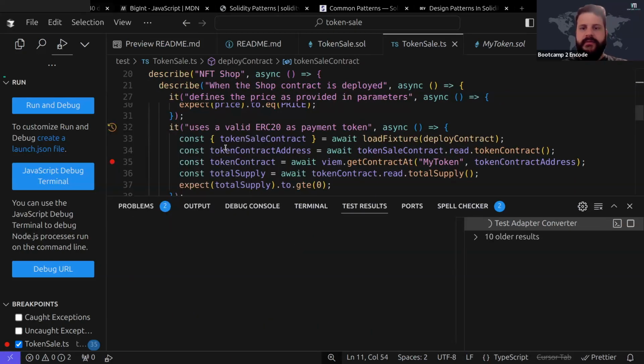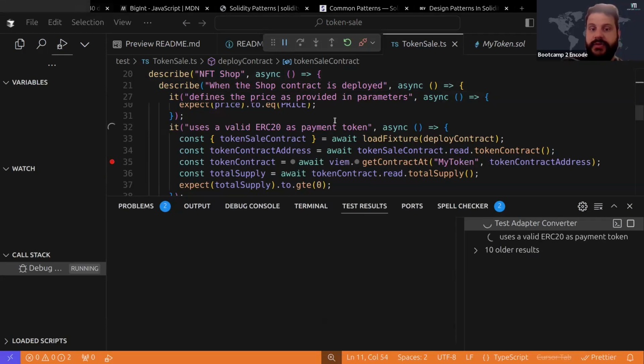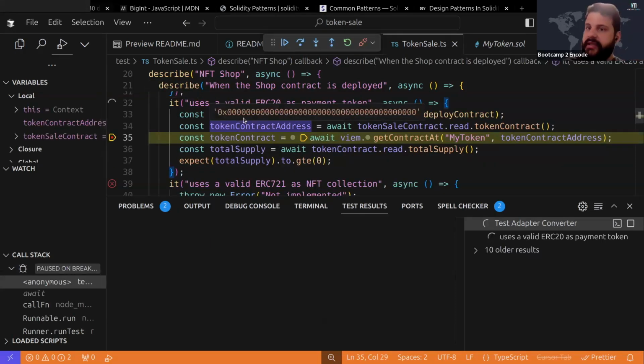Let me debug again. I'm using another wrong address here just to exemplify what is happening. I can store this wrong address inside this smart contract. The token contract address is the address 0. Nothing stops me. Arda, your question is correct. Even though we are treating it as a payment token, it is not.